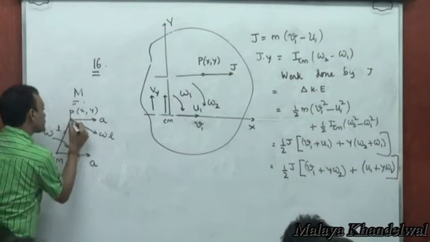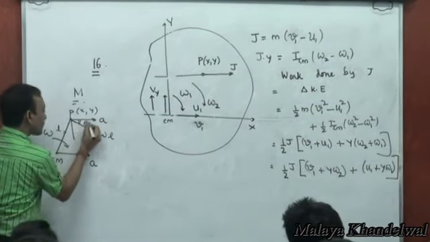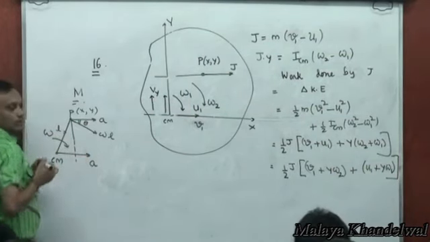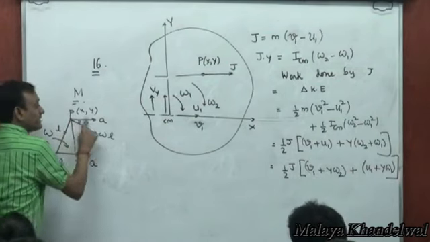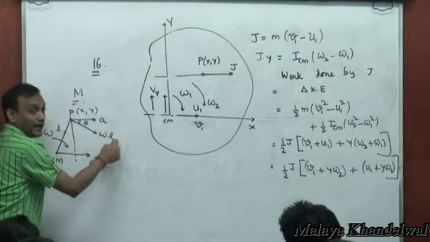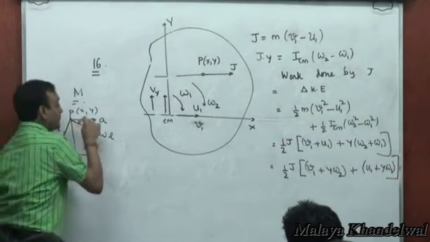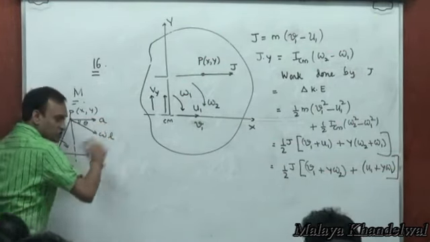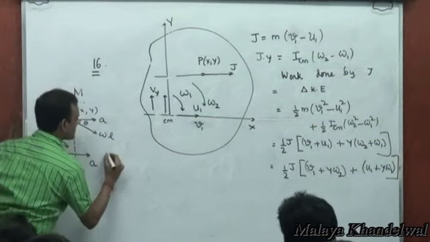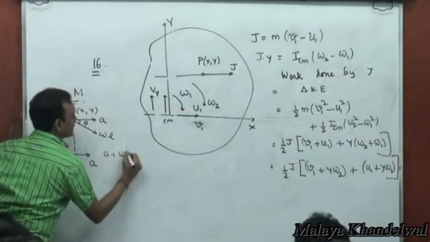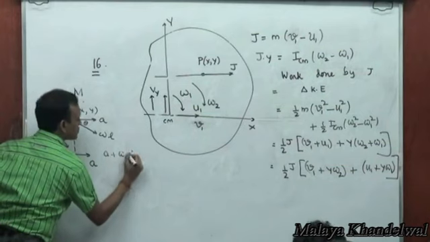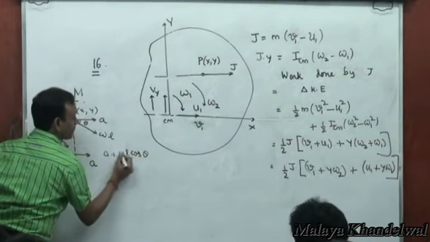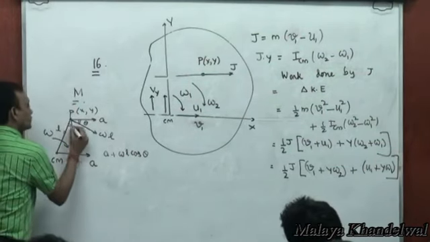So the velocity of the point P in the direction of the impulse would be a plus omega L cos theta.